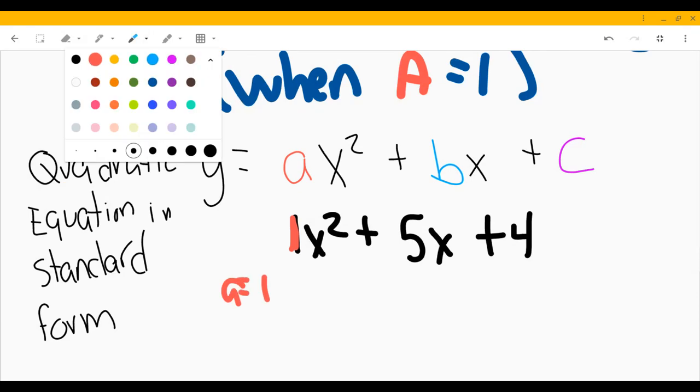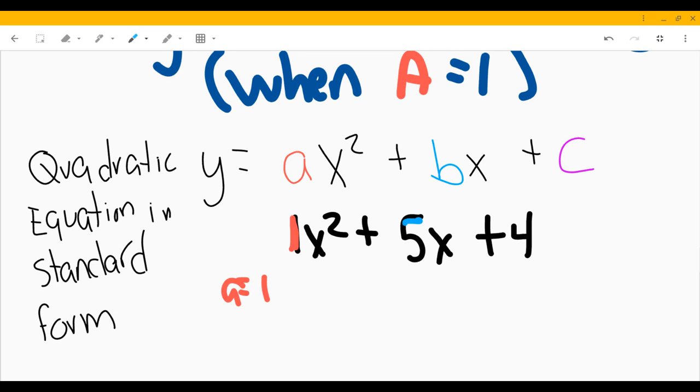Our b value is going to be the coefficient next to our variable with a degree of 1, right? Because 5x is the same as 5x to the first. So b is going to equal positive 5. And c is going to be the constant here. So c is going to equal 4.